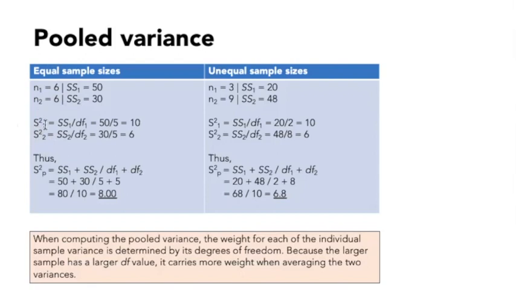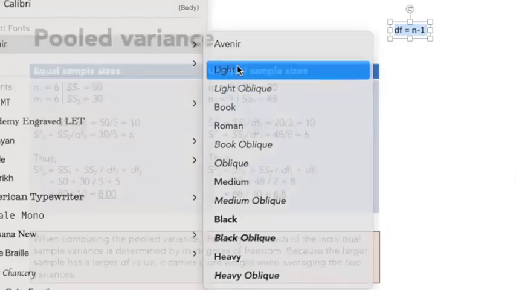The variance of the first group is calculated by sum of squares divided by degrees of freedom. The sum of squares of the first group is 50. Degrees of freedom for a particular group is n minus 1. Let me write it here.